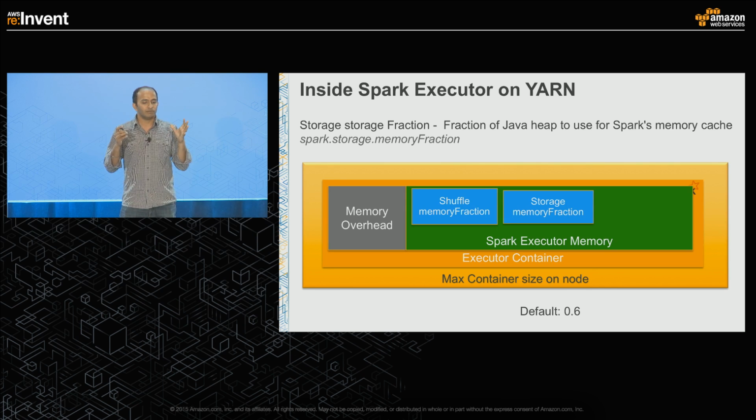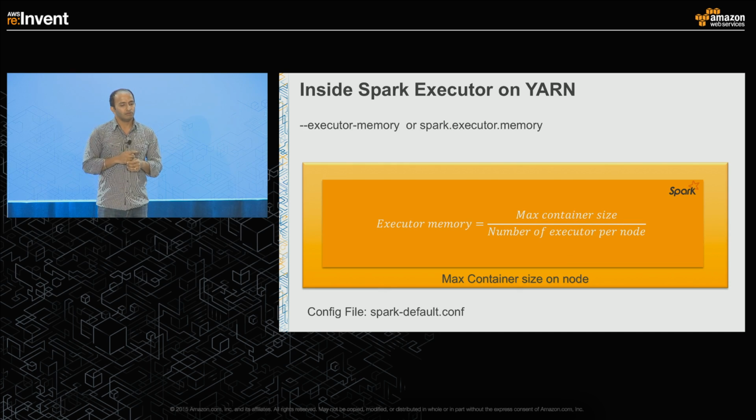So now you have a shuffle memory fraction and a storage memory fraction, and these are inside the Spark executor memory. Looking at our example, how much executor memory should reside in this YARN container? It is the maximum container size divided by the number of executors per node.